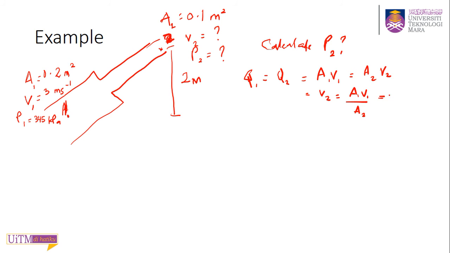So what's the number? A1 is 0.2, V1 is 3, so 0.6 divided by 0.1.